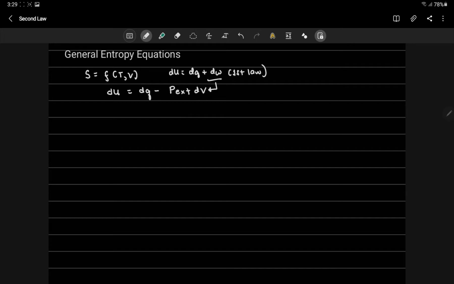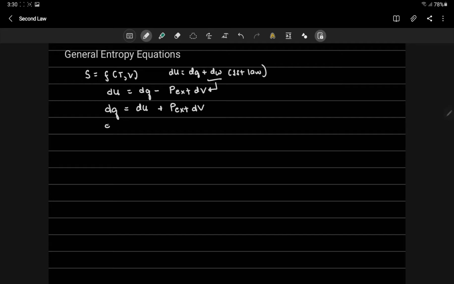Now, from this expression, we can simplify or rather arrange algebraically. I want to solve for dq. So, dq is just the change in internal energy plus p external dV. I just rearranged our equation. Now, what if I want q reversible instead of just q?